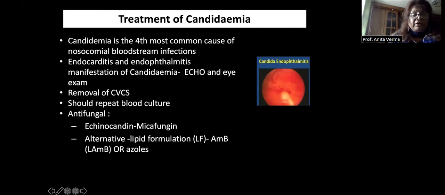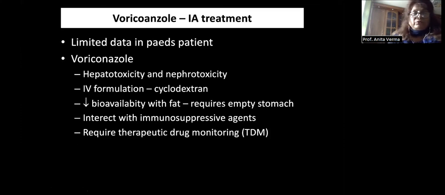It is important to remove the CVC in early stages, repeat the blood culture, and give antifungal treatment according to guidelines. Echinocandins are the first line, and in pediatric patients, micafungin is a licensed drug. Alternatives are lipid formulations of liposomal amphotericin B, and azoles.